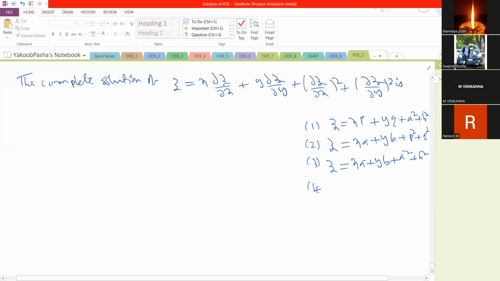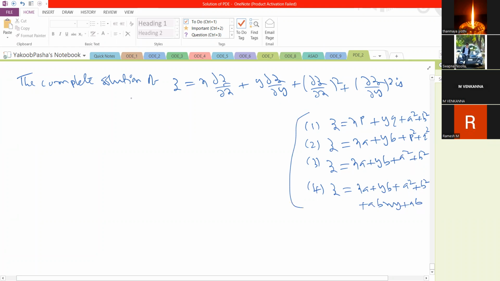And fourth option, z is equal to xa plus yb. Okay, what is the right option? Third option is the right option.